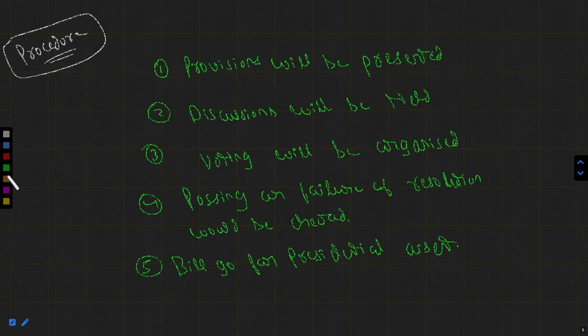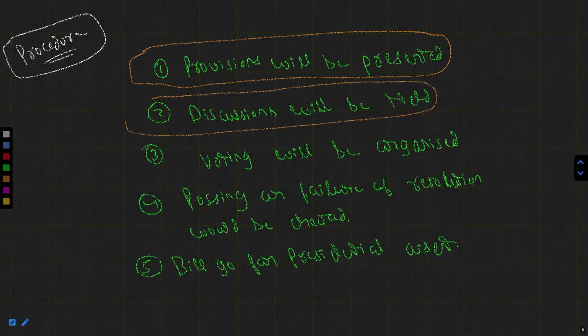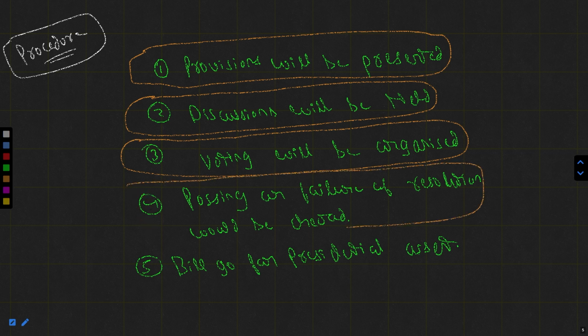First thing is that the provision will be presented in the house, whether in the Lok Sabha or in the Rajya Sabha. Then the discussion will be held on the provision. Then what will happen after the discussion? The voting will be organized. After the voting, passing or failure of the resolution that had been presented would be checked.